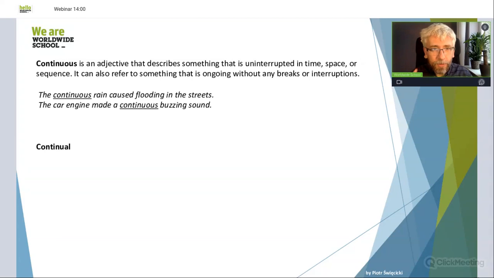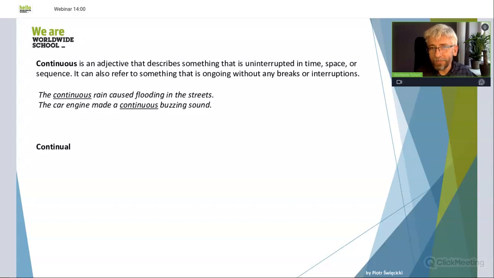Continuous is an adjective that describes something that is uninterrupted in time, space, or sequence. It can also refer to something that is ongoing without any breaks or interruptions, like present continuous, the tense, right? The continuous rain caused flooding in the streets. It's happening all the time. The car engine made a continuous buzzing sound. It was continuous.